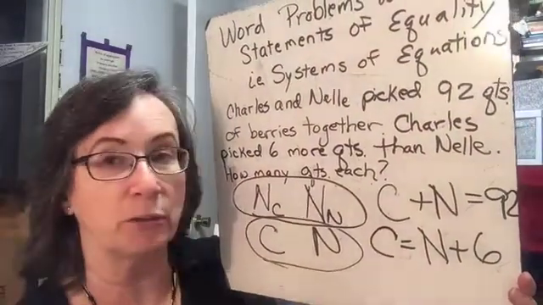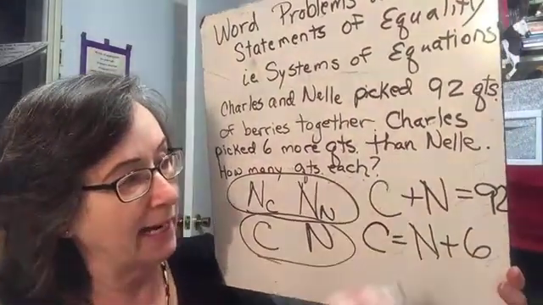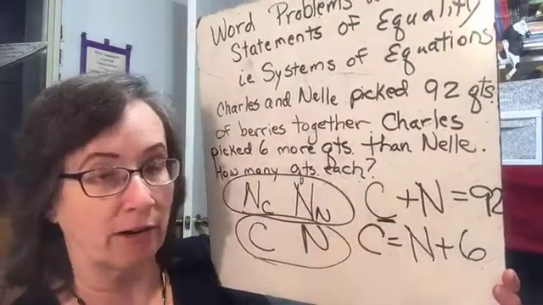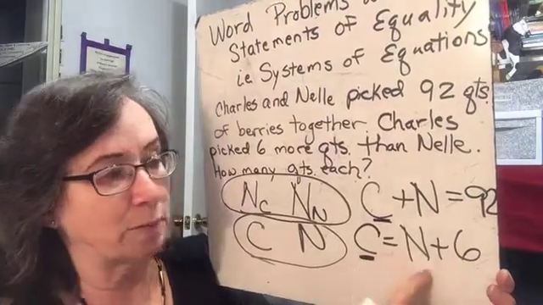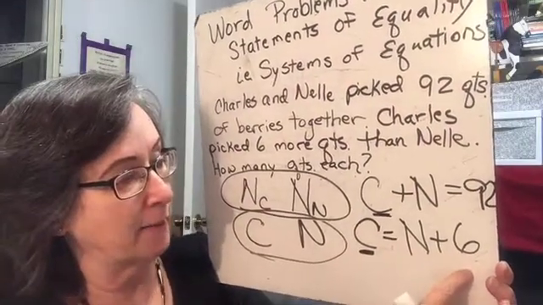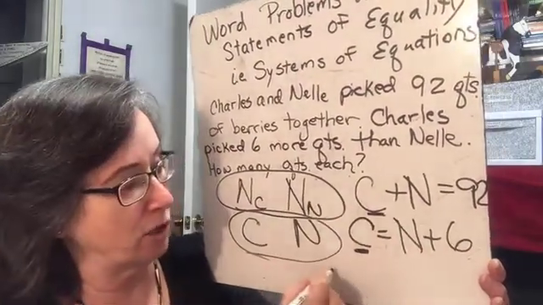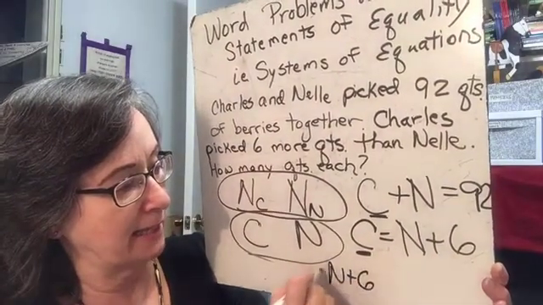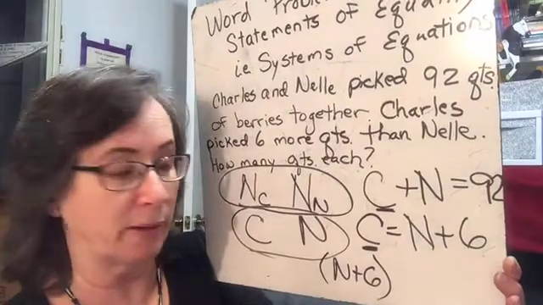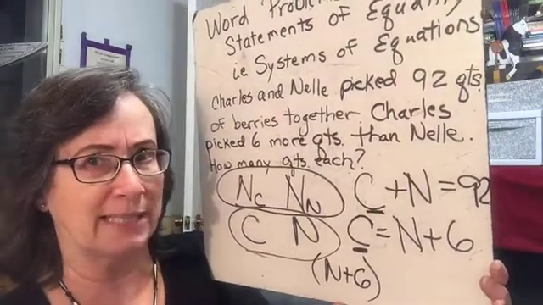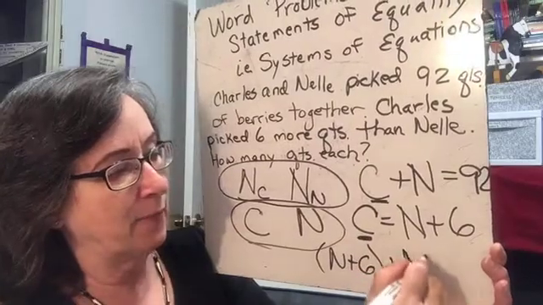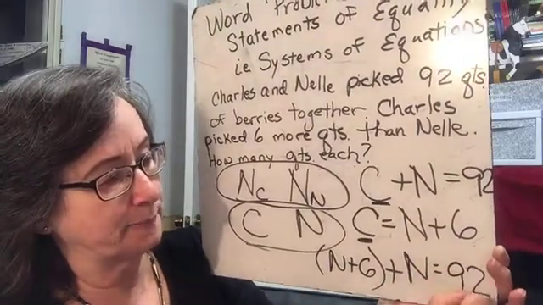So we're going to do a little substitution here. Instead of C plus N, I'm going to take the C variable and replace it with N plus 6. So when I do this substitution, I'm going to get N plus 6, and sometimes I like to put that in a parenthesis so that I know that that was a substitution for the variable C. C plus N is 92.